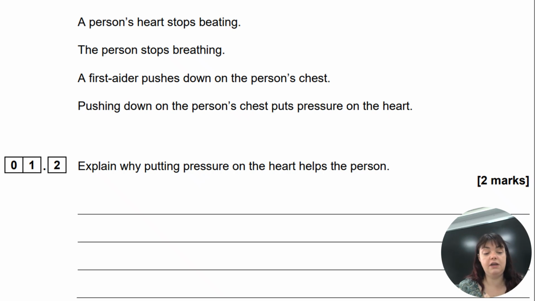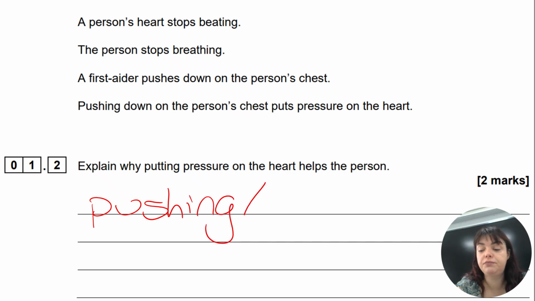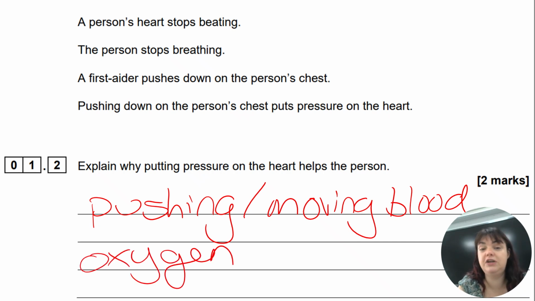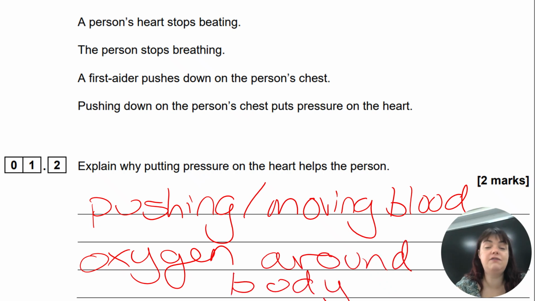So what we're looking for is for you to mention that we are pushing or moving the blood, and that this carries oxygen around the body or to the cells. Now because it's only 2 marks, you don't have to link it to respiration here.